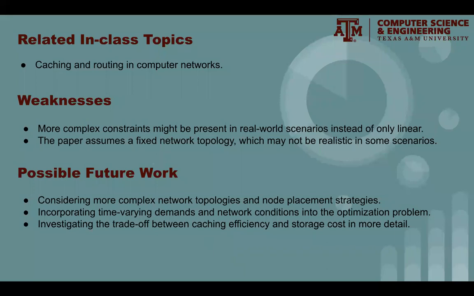The first 2 are related to the weaknesses. The first one is to consider more complex network topology and node placement strategies. The second one is to incorporate time-varying demands and network conditions into the optimization problem. And the last one is to investigate the trade-off between caching efficiency and storage costs in more detail.